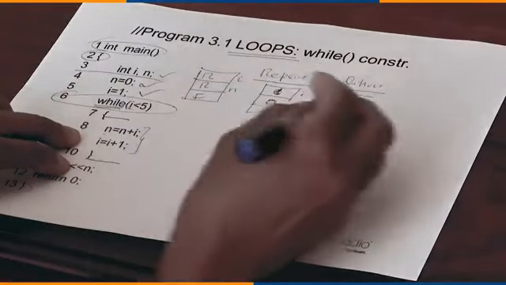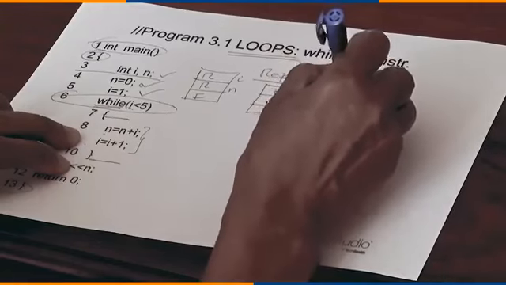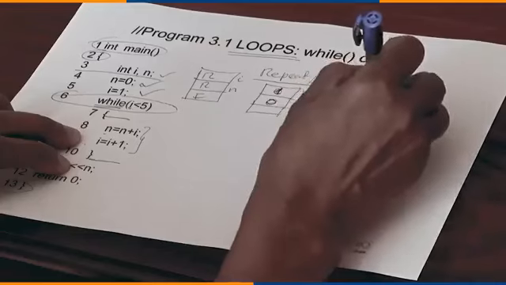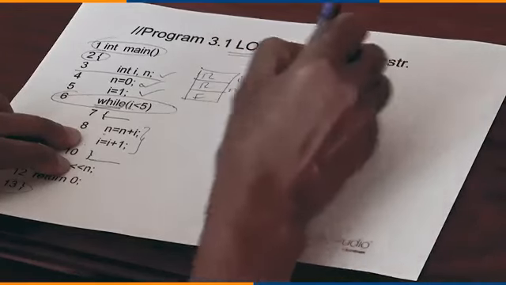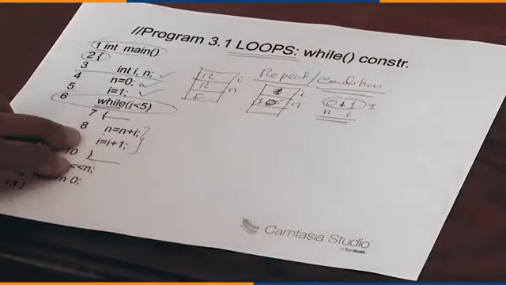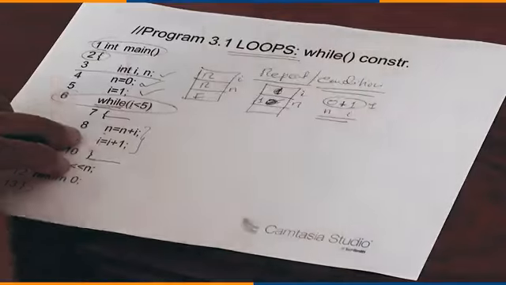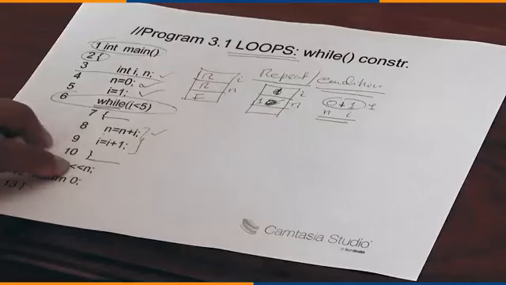So 1 in I and 0 in n will be added, resulting in 1, and this value will be written in variable n. So n will assume the value of 1.